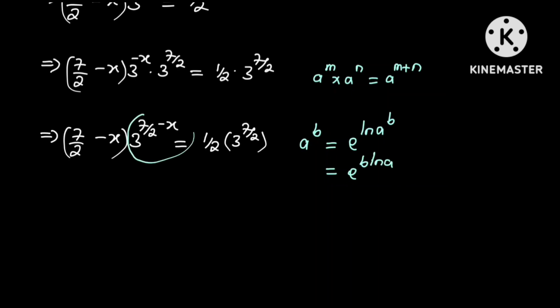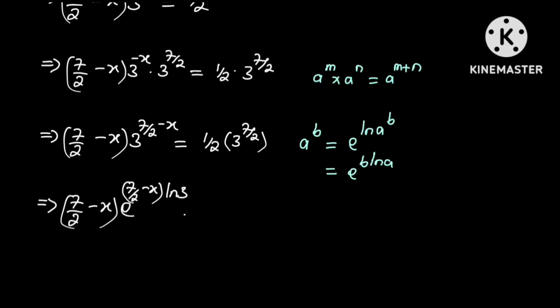And so if you write this to the base e, we are going to obtain 7 on 2 minus x multiplied by e raised to the power 7 on 2 minus x times the ln of 3 is equal to a half multiplied by 3 raised to the power 7 on 2. Here we have 7 on 2 minus x, but here we have 7 on 2 minus x multiplied by ln 3.